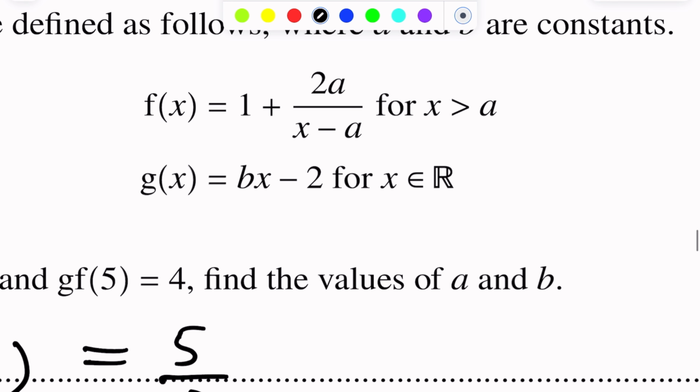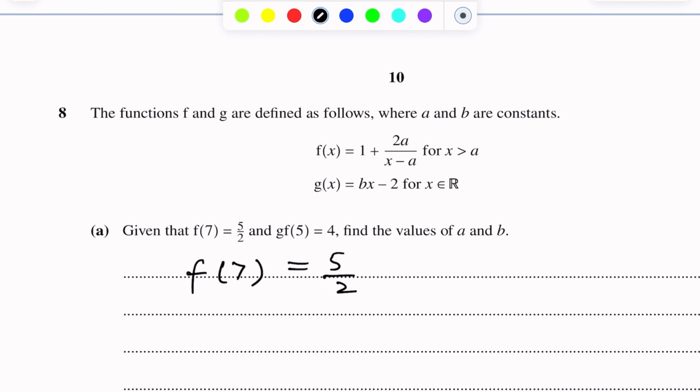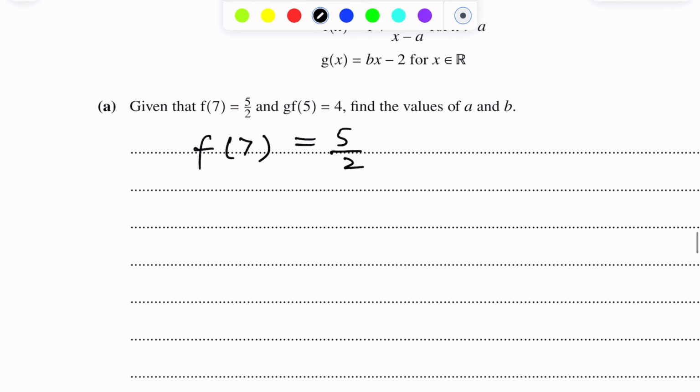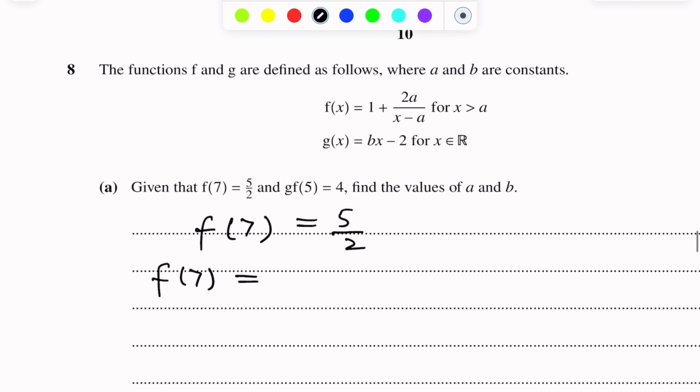So f(7) from f(x) will be 1 plus 2a over 7 minus a. Let this be equation number 1 for reference.